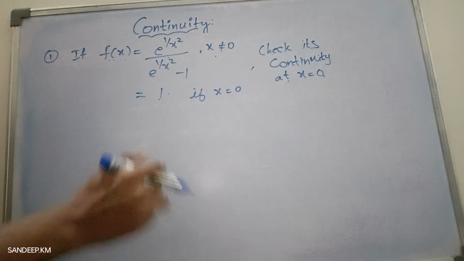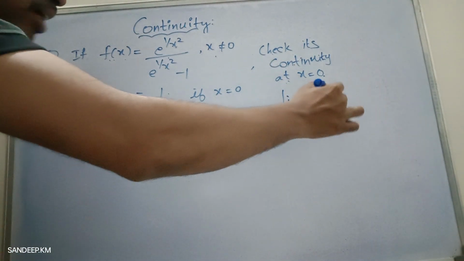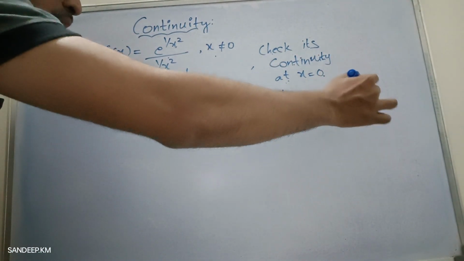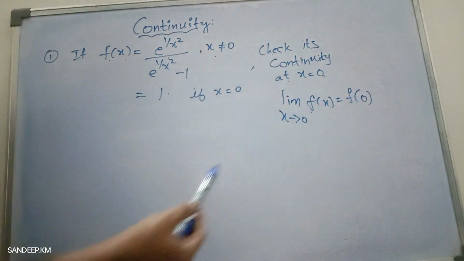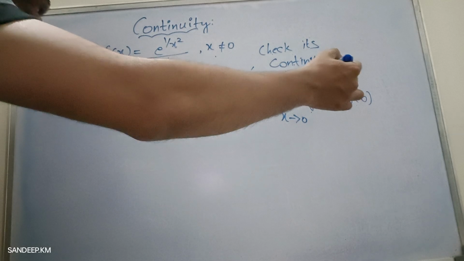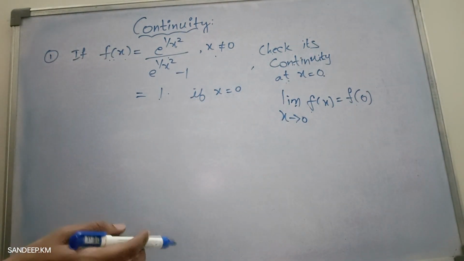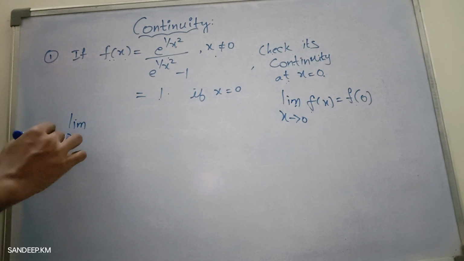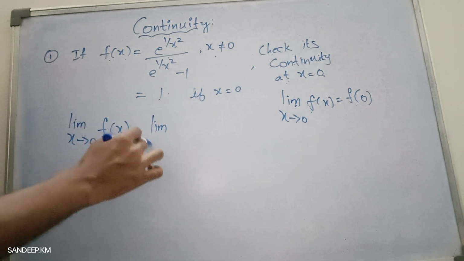So let me check whether limit x approaches 0 f of x is equal to f of 0 or not. If the limiting value of the function is equal to value of the function, then we can say that the function is continuous. Okay, first let me find limiting value of the function. So limit x approaches 0 f of x. Dear students, you have to understand one thing.